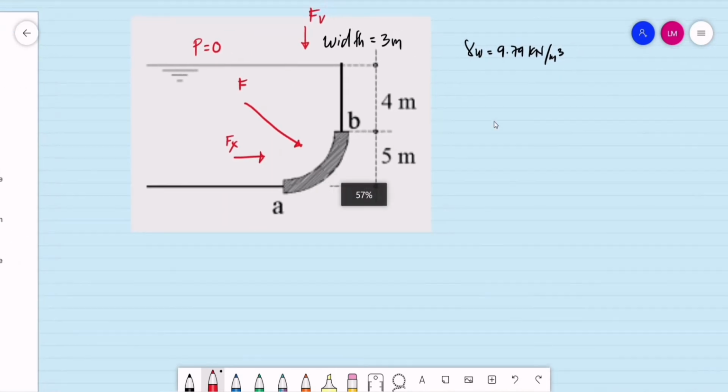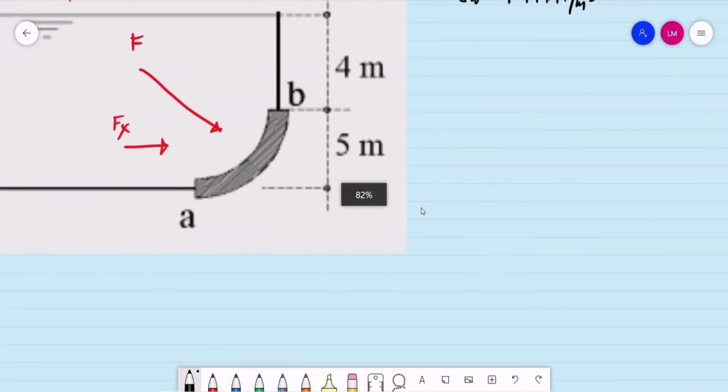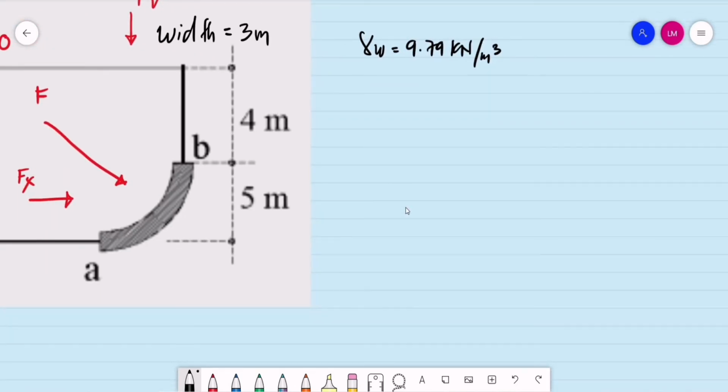Yung required lang sa number 18 is yung vertical component ng hydrostatic force, F sub B. So how do we compute for the vertical component?